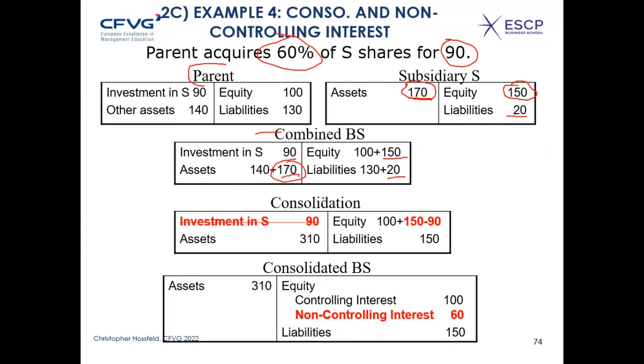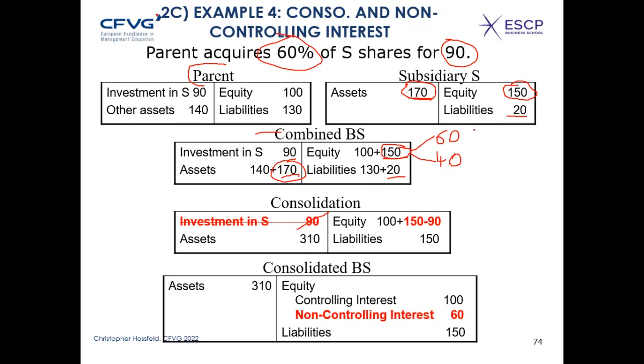In the combined balance sheet, I eliminate what is internal. Okay, so the investment amount is internal, for 90. So I eliminate this. But now for the equity of the subsidiary, I have to be careful, because 60% of the equity of the subsidiary is provided by the parent company, and that is internal and therefore must be deleted. But 40% of the equity of the subsidiary is provided by other shareholders, you and me.